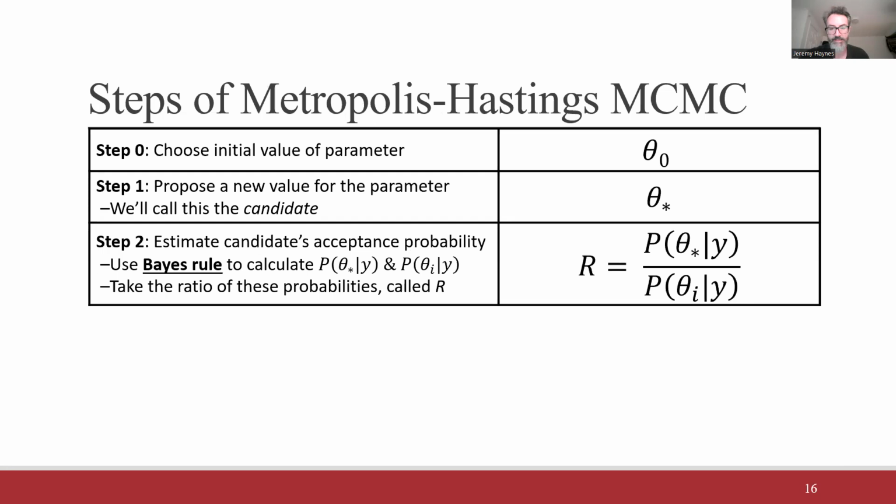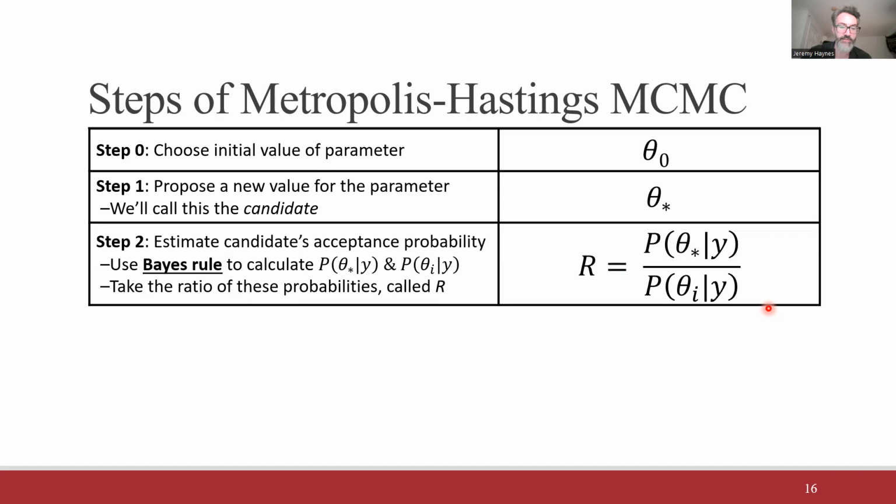And then after that, we need to estimate the candidate's acceptance probability. And we'll do this by taking the ratio of the probability of the candidate versus the probability of the previous parameter value. And we're going to calculate these probabilities using Bayes' rule. So you'll see here that I have Bayes' rule, and this is the probability of the candidate value that we just proposed divided by the probability of our previous parameter value, so theta i.